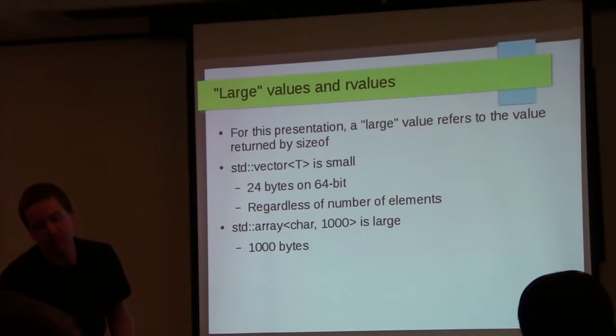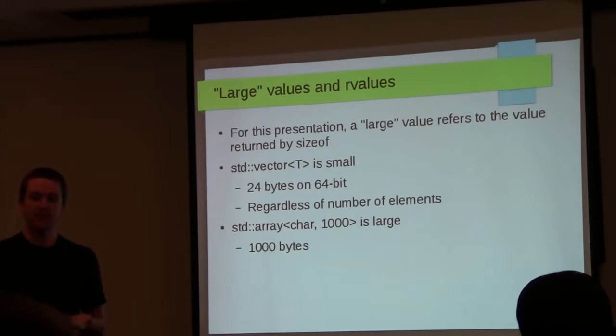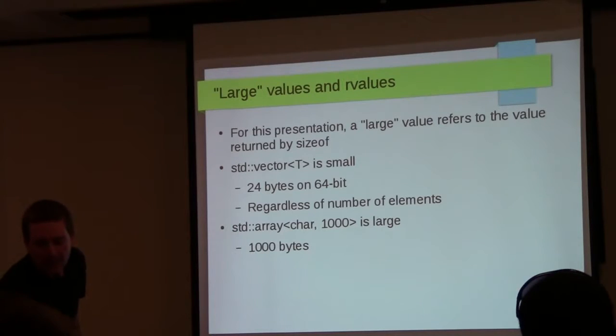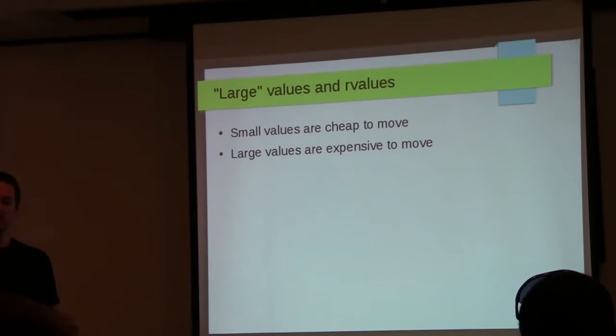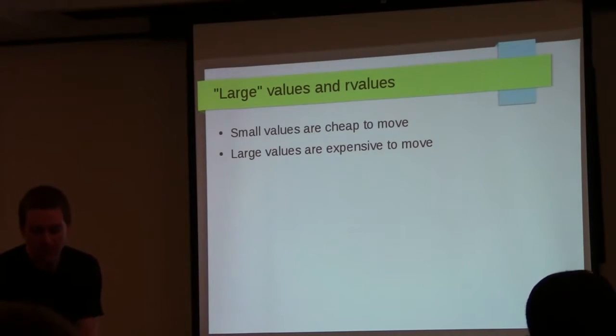In comparison, an array of 1,000 characters is large. It's 1,000 bytes. The important thing is that small values are cheap to move and large values are expensive to move in general. So for instance, a vector is essentially just three pointer assignments, whereas an array is going to have 1,000 character assignments.